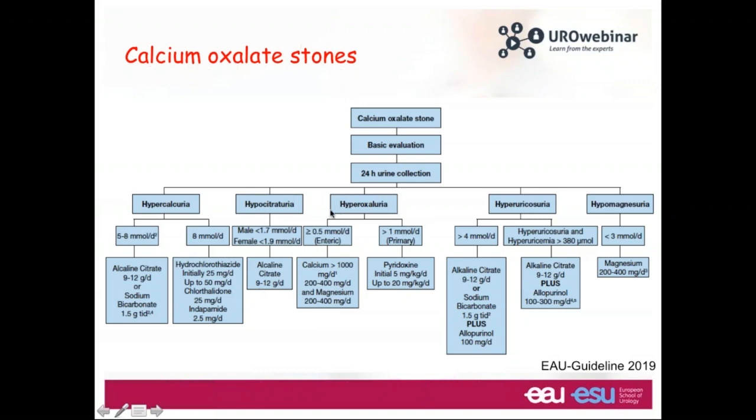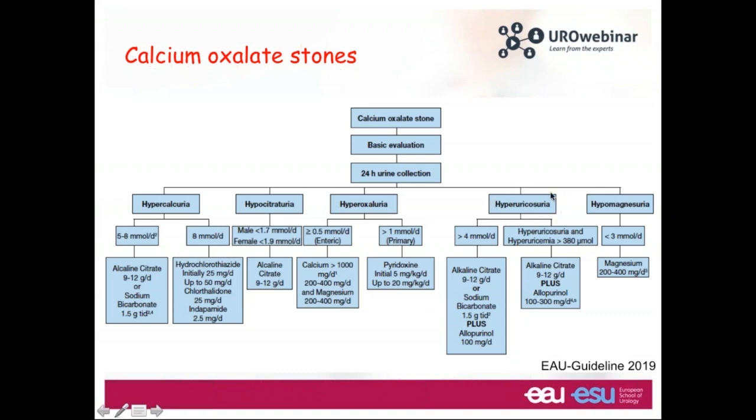If your patient is hyperoxaluric, and if it is dietary, you chelate with calcium at more than 1,000 milligrams per day. And of course, you give some magnesium. If it is primary hyperoxaluria, which most of the pediatricians are seeing, you can give pyridoxine.